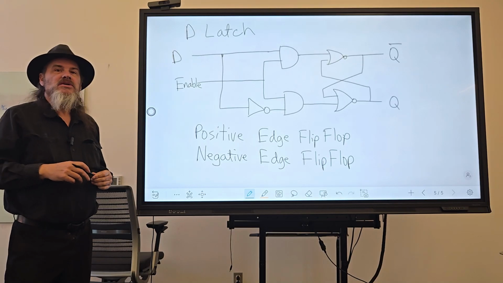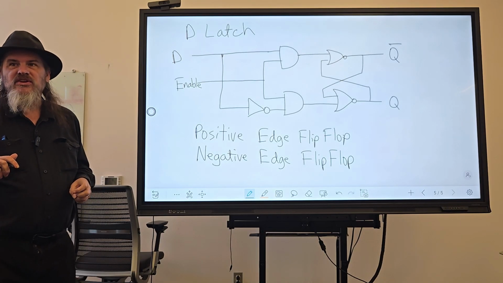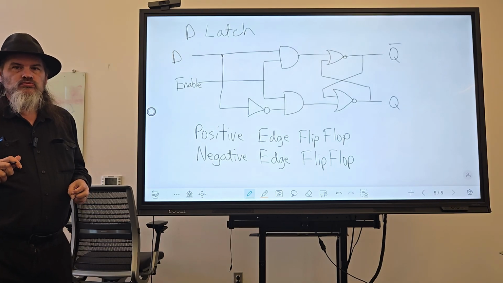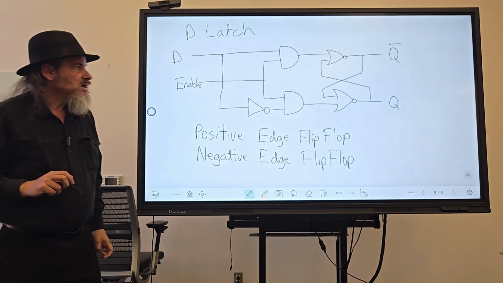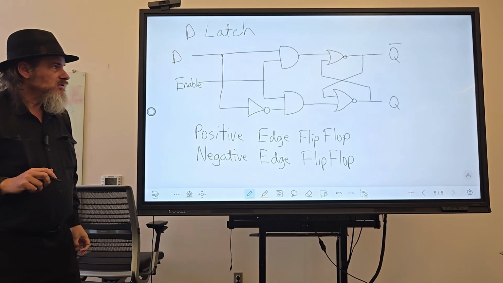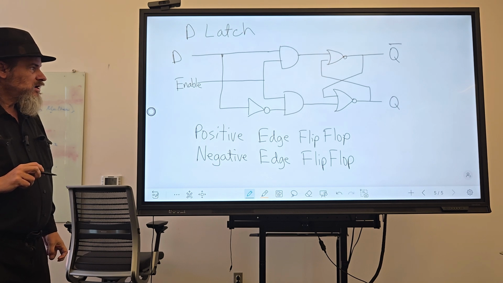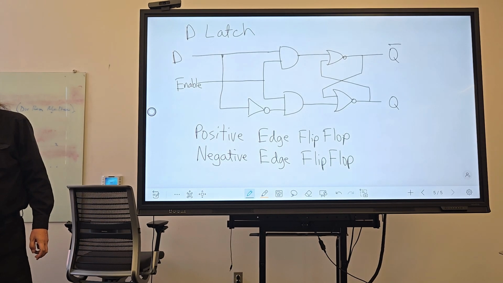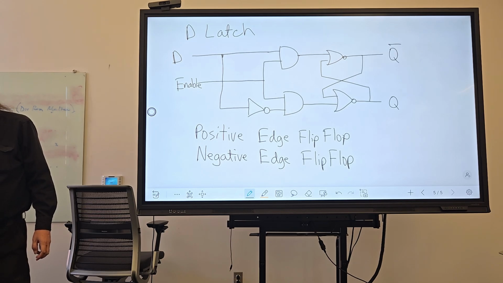So when the clock goes from high to low, it'll take a snapshot of that instant to pass that D to Q, and the inverse to Q bar. Those basically form the basis for memory cells and registers.